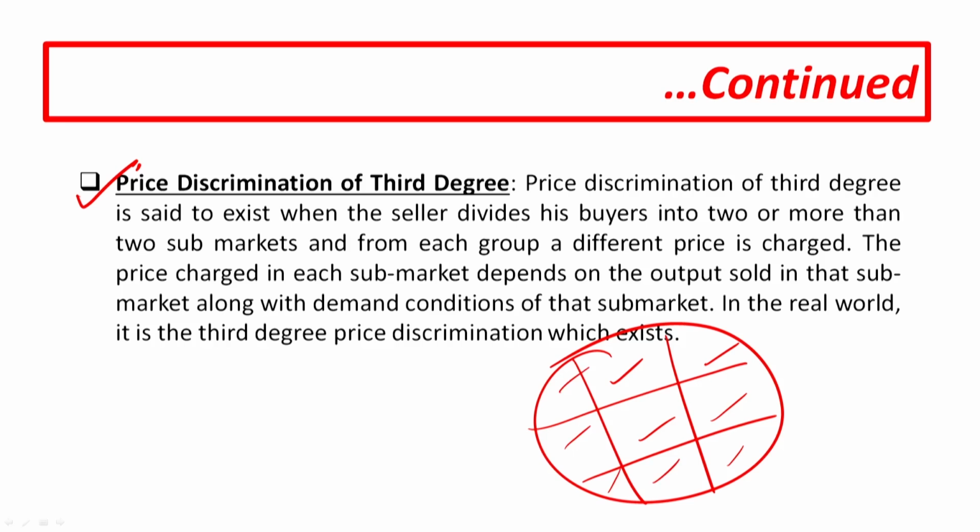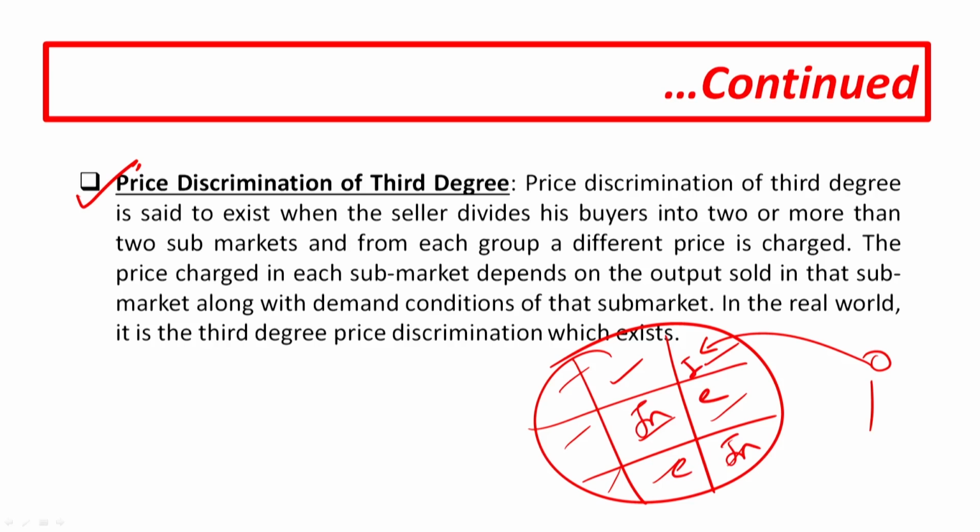So, the monopolist will charge different prices in the different sub-markets for the commodity on the basis of the elasticity of that commodity in different markets. Maybe this product in this market is inelastic, in this market elastic, inelastic, elastic, in such a manner.